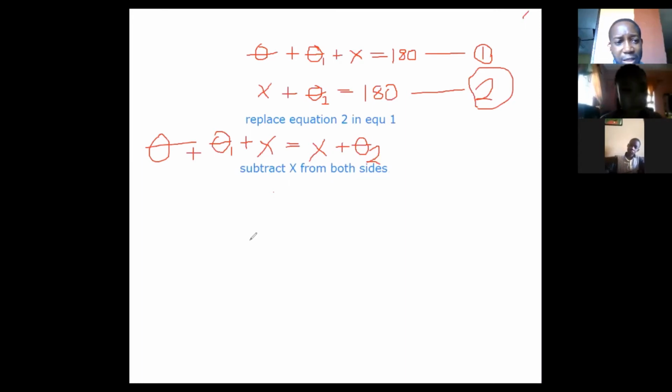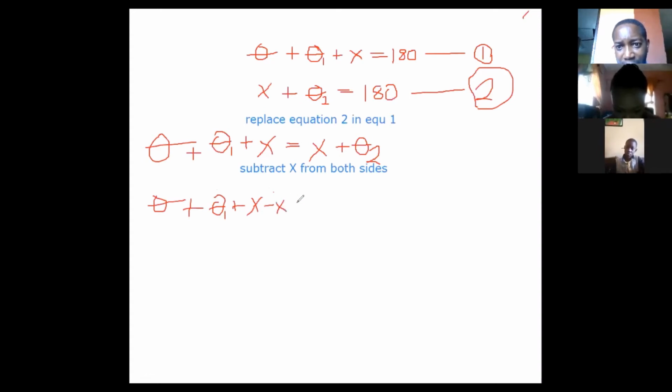So subtract x from both sides. If you're subtracting x from both sides, it simply means that you are going to write theta plus theta 1 plus x, then you now put minus x.